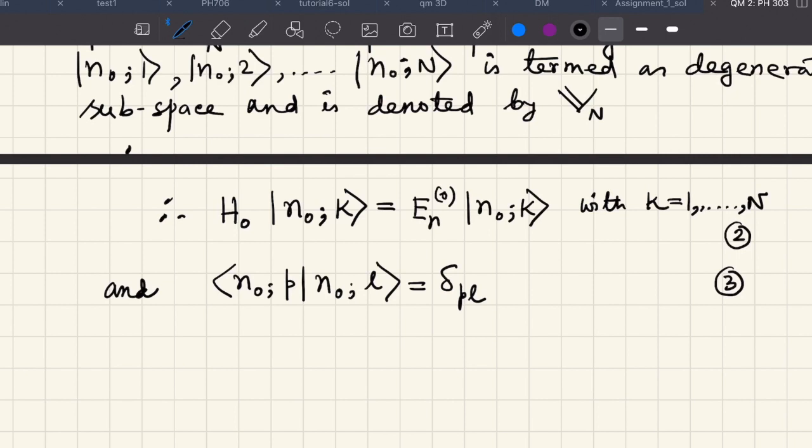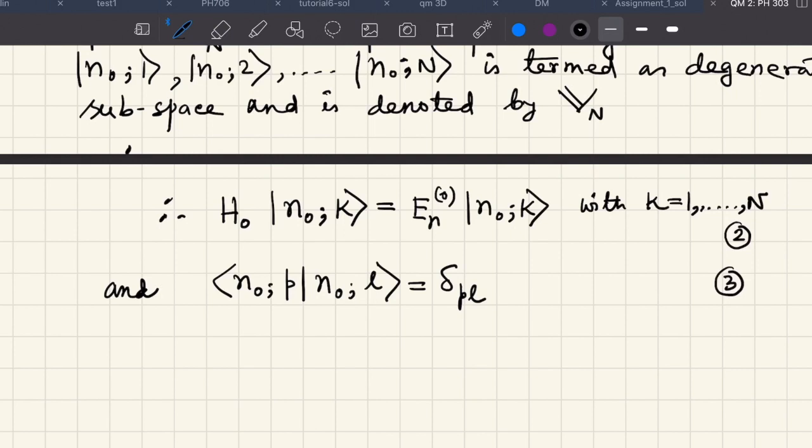So when you ask what happens to the first excited state of the hydrogen atom, you already have n square number of degeneracies, and first excited state means n equal to 2. So you have 4 different states which have the same value of energy, and immediately you are stuck if you have not applied your degenerate perturbation theory onto these states.